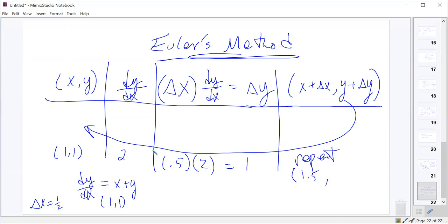And then our delta y was 1, so 1 plus 1 is 2. And so that would become our next point. And we do the same thing. The next slope would be 3.5. So we do 0.5 times 3.5, and so on, until you get up to whatever value they asked you to get to. Everybody feel okay about that with Euler's method there?